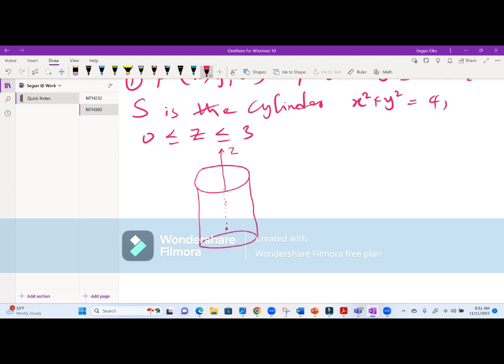We call this point Z, then we have our X here, then we have our Y here. Remember, Z is between 0 and 3, so it starts from the origin, 0, to 3.